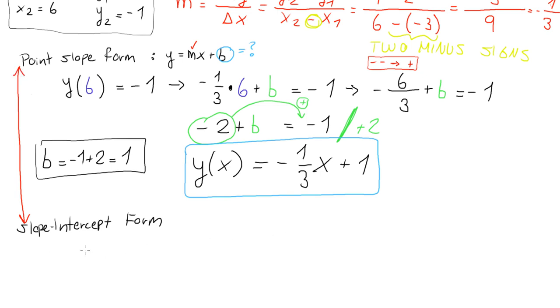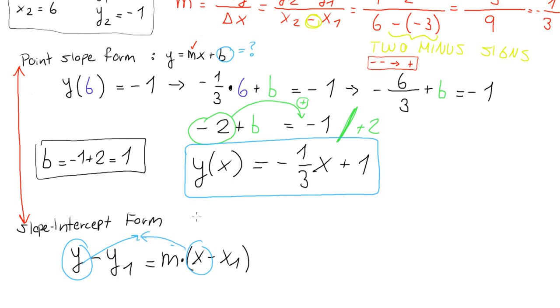Now the other notation we have is y minus y1 equals m times x minus x1. An important factor is that this x and this y are our variables. Please do not substitute numbers for them.